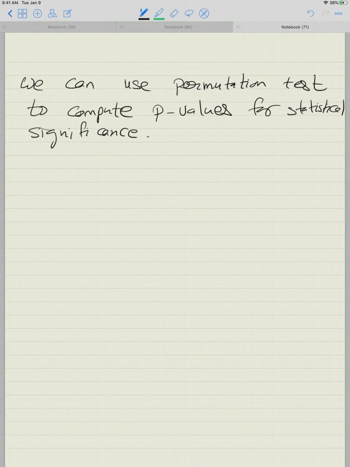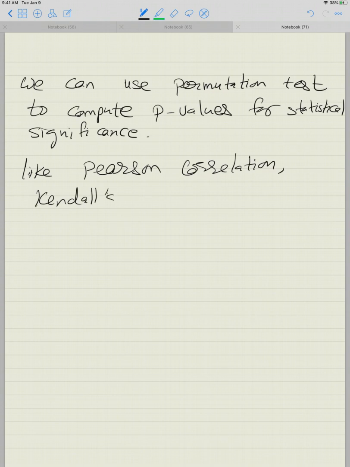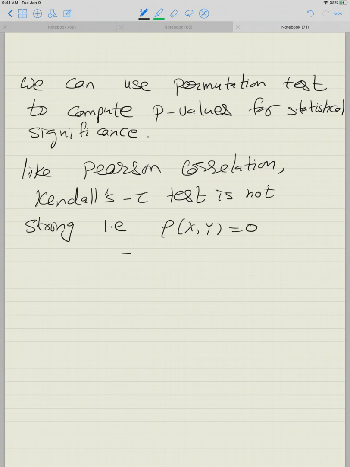Now, however, just like Pearson correlation, Kendall's tau is not strong. That is, rho of xy equals 0 will not imply that x is independent of y.